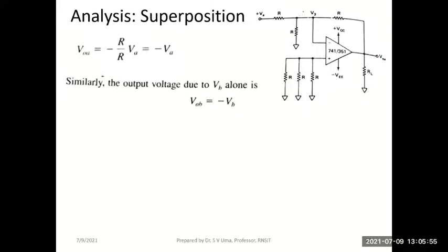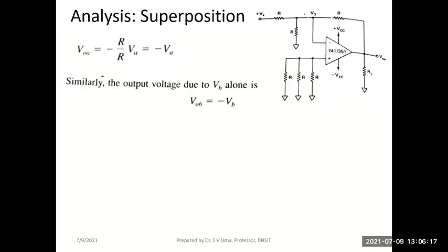What is the effective resistance here? It is VA into minus RF by R. And what is R value? It is simply equal to R in this circuit. This grounded resistor has no effect at all.